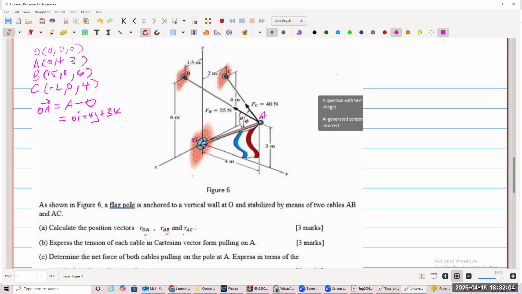They want us to find AB, which is going to be B minus A. So you just look for B, which is 1.5, 0, 6, and A is already 0, 4, 3. And see, this one is done: 1.5i minus 4j plus 3k.